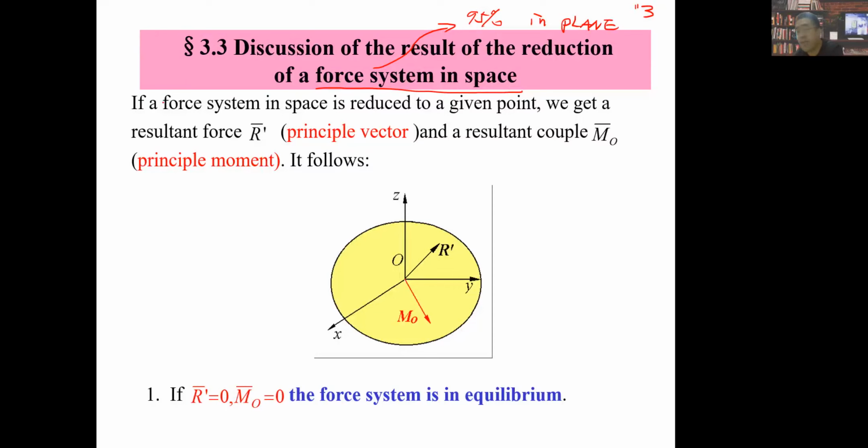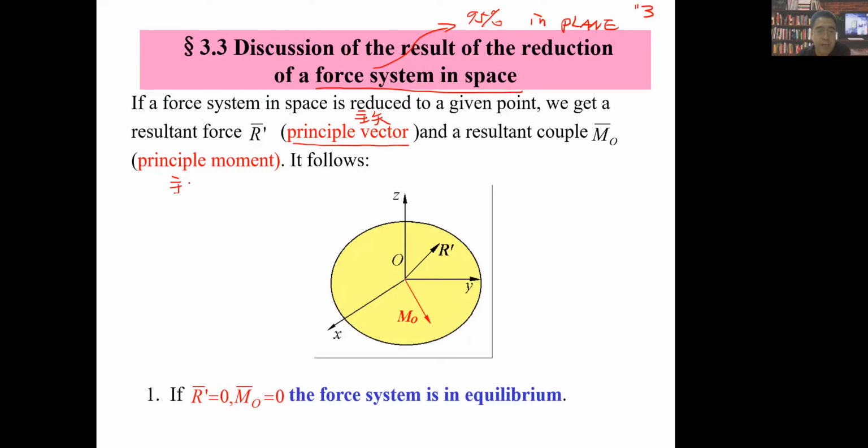So I will continue to talk about the discussion of the result of the reduction of a force system in space. If a force system in space is reduced to a given point, like this figure, we get a resultant force R prime, which in Chinese we call 主矢, the principal vector, and a resultant couple MO, which in Chinese we call 主矩, the principal moment.